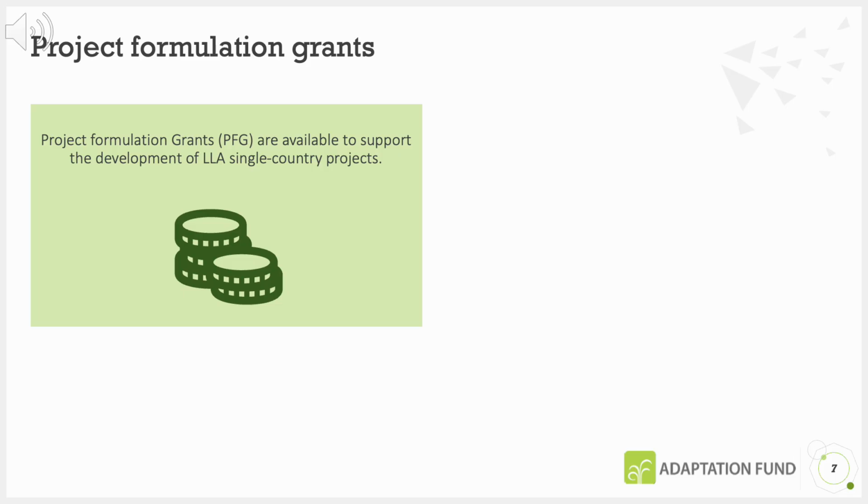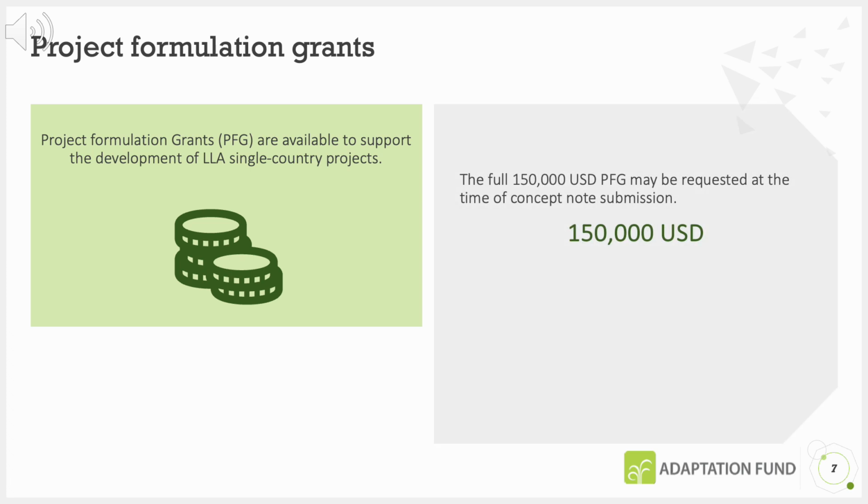Project Formulation Grants, PFGs, are available to support the development of single-country LLA projects. For single-country LLA projects which have a maximum funding amount of $5 million, the maximum PFG that can be requested is $150,000. There are 2 ways to access this, depending on the project approval process used.